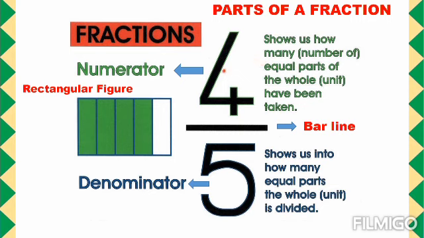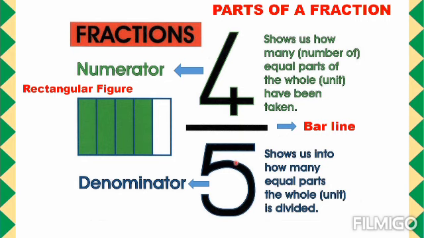This is called the numerator, and the numerator shows us how many equal parts of the whole or unit have been taken. As you see here, I have a rectangular figure, and there are 4 parts being shaded. So meaning to say our numerator is correct. This 4 is based on the parts taken in the figure.